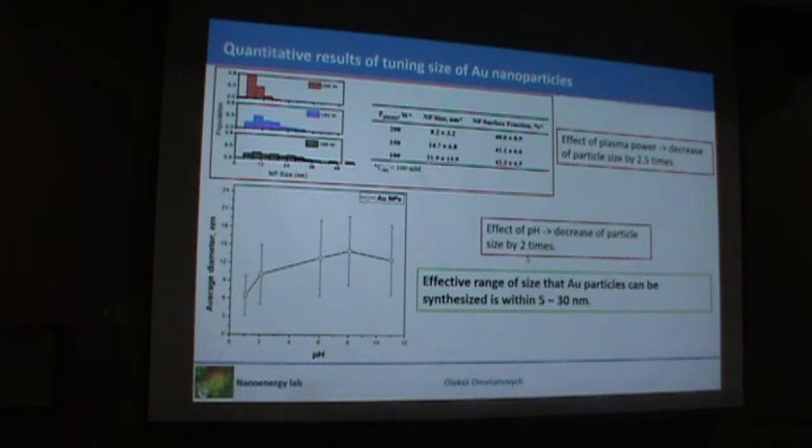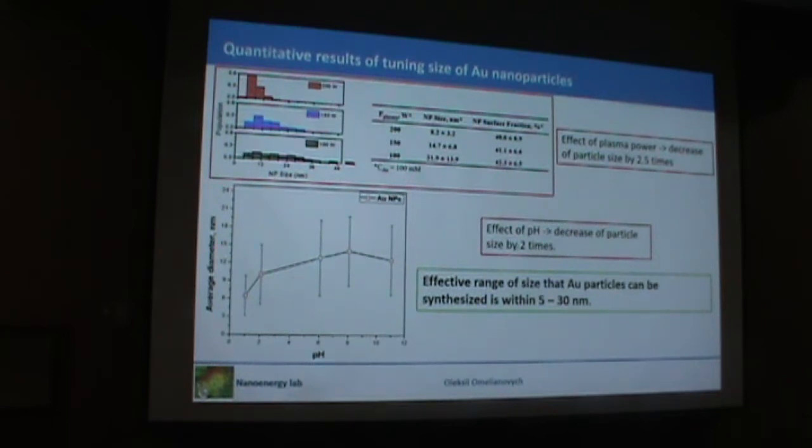That extends our window of how we can control the morphology, in particular the average size of nanoparticles. The originally synthesized particles were about 6.5 nanometers average size, and the biggest nanoparticles were synthesized at a pH of 8, which were about 13 to 14 nanometers average size.